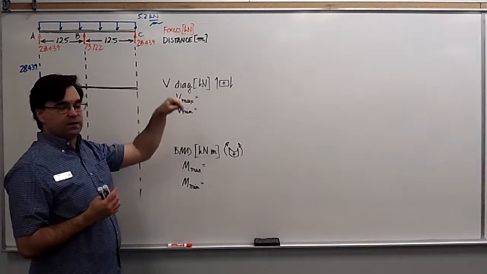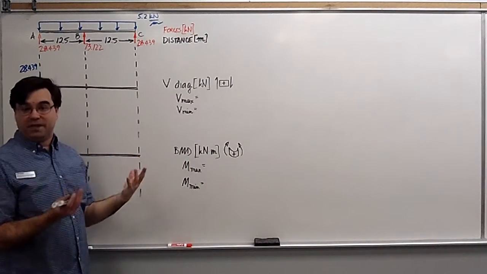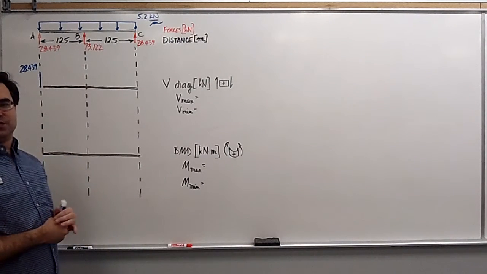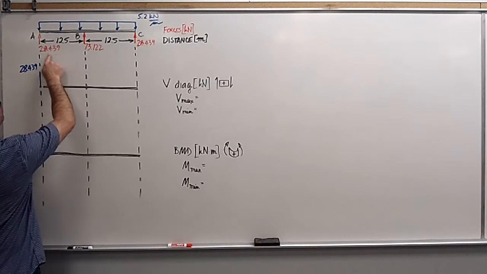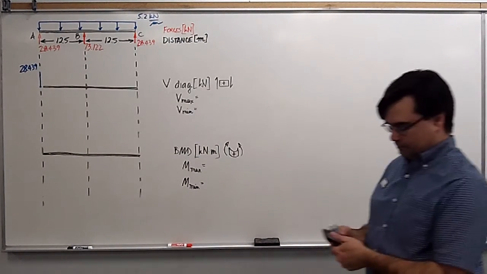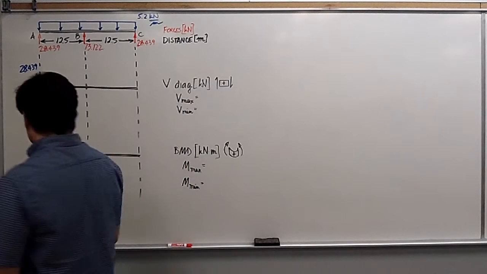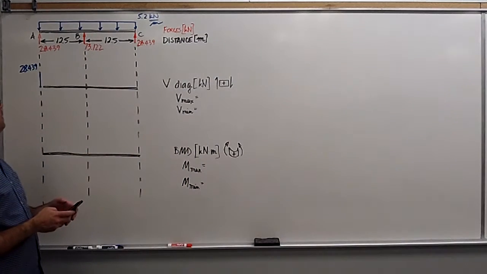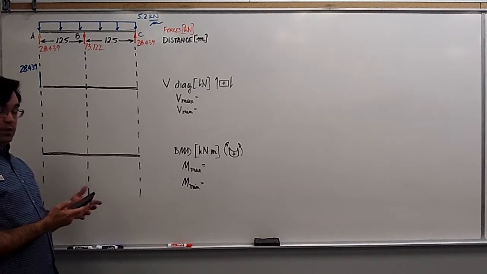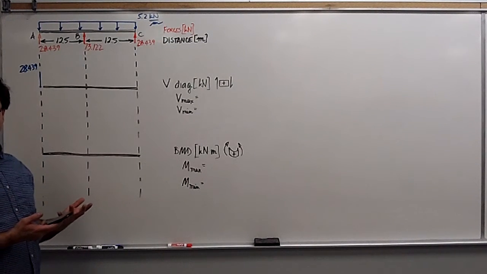So every meter down 5.2, every 10 meters down 52, every half meter down 2.6, and so on and so forth. So if we go down by 12.5, we go down by 65, okay?